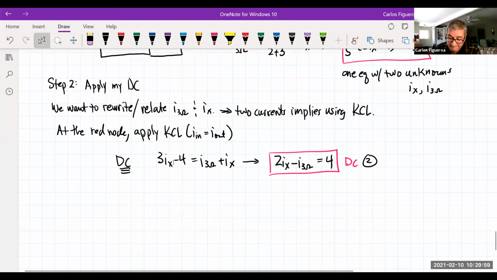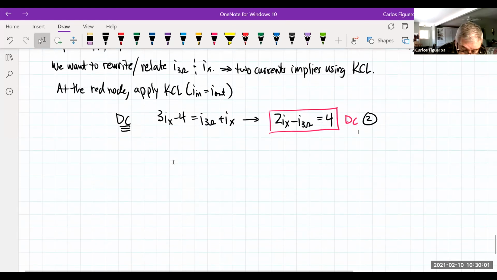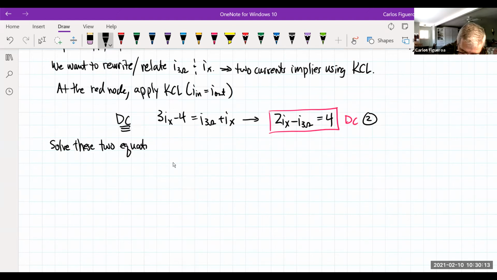So now I'm going to solve these two equations for I3 ohm.